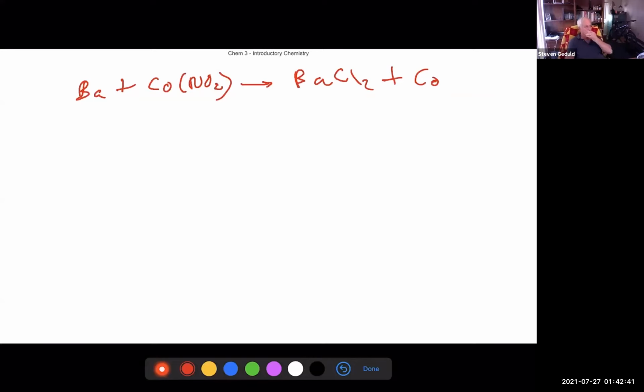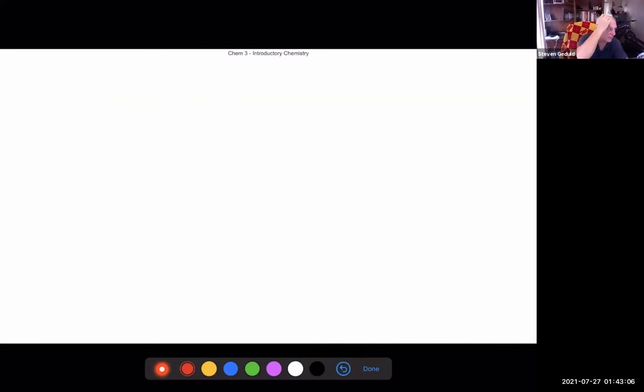And this is barium 2. Whoa, it doesn't make sense. It's written wrong in the book. Let's say elemental barium reacts with a solution of cobalt 2 chloride. That will make a whole lot more sense. It's a typo in the book.